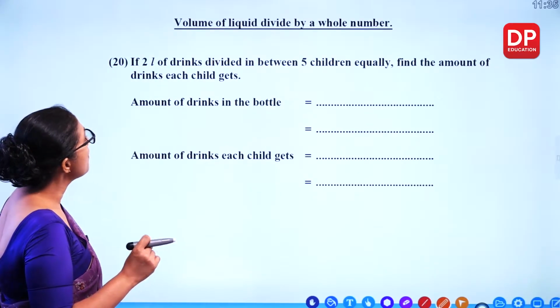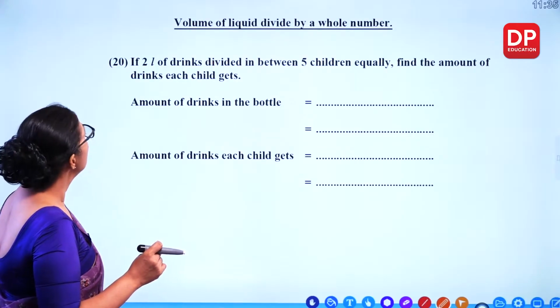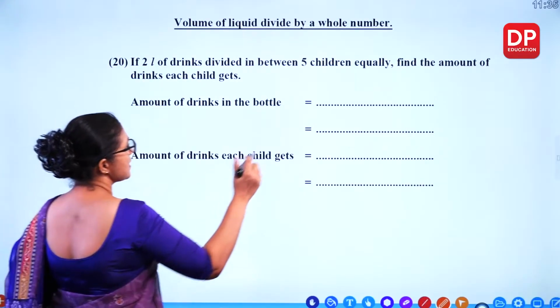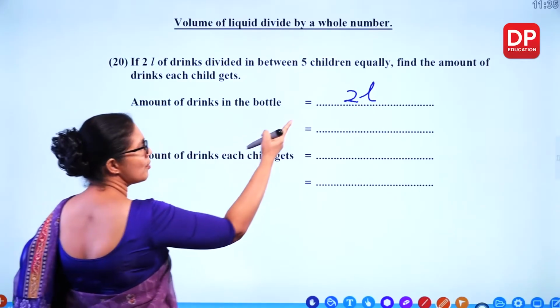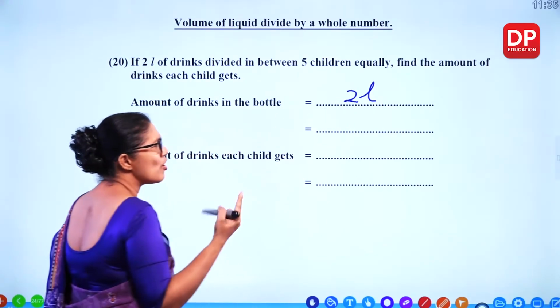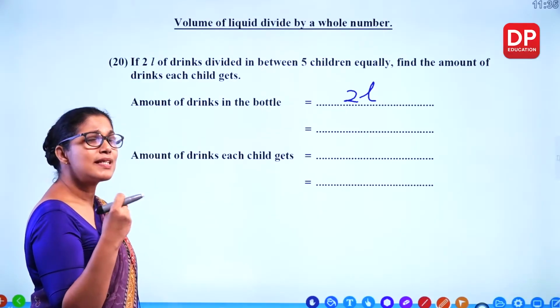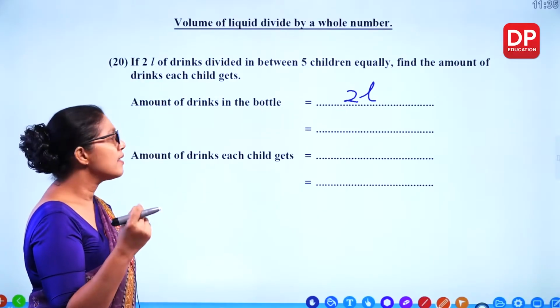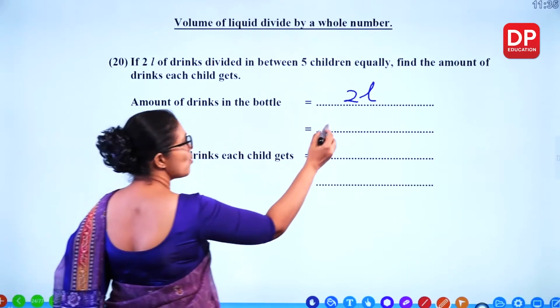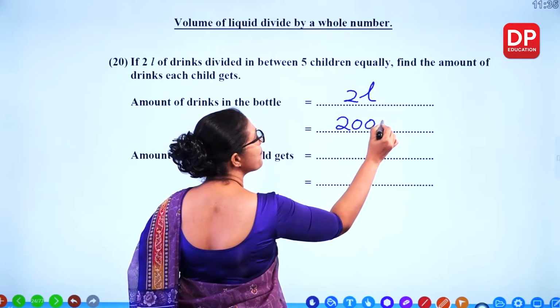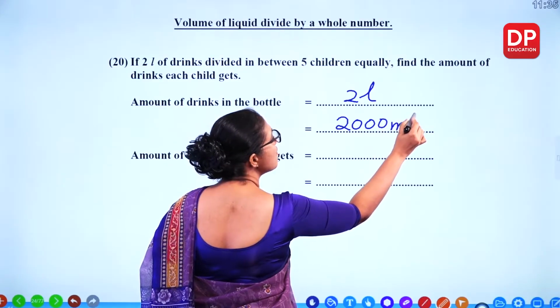Amount of drinks in the bottle is 2 liters. So you can't divide this by 5 because you get a decimal answer. So what's the easiest way to do? We can convert to milliliters. 2 into 1000, 2000 milliliters are there. Now it's easy to divide.